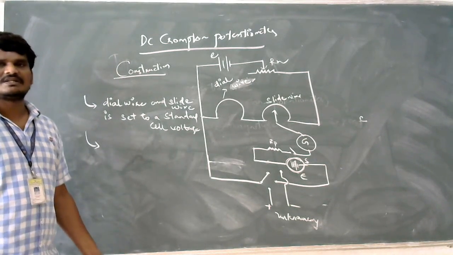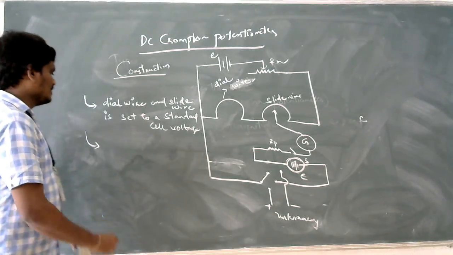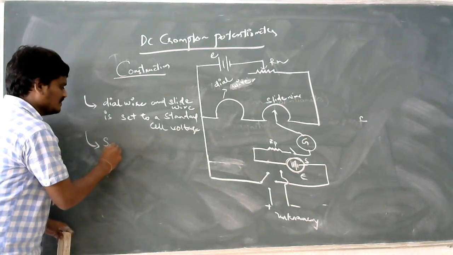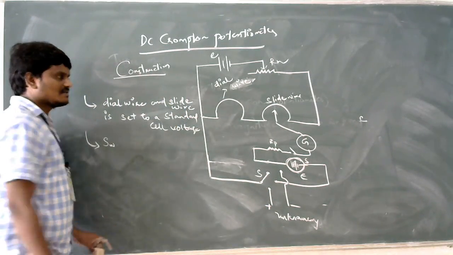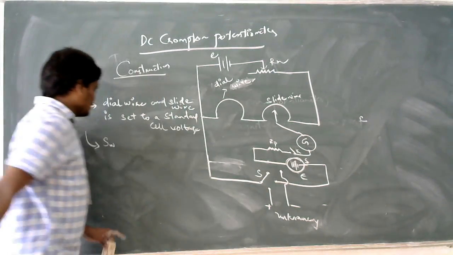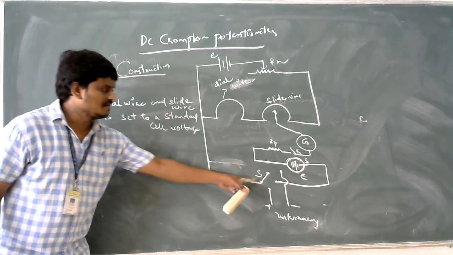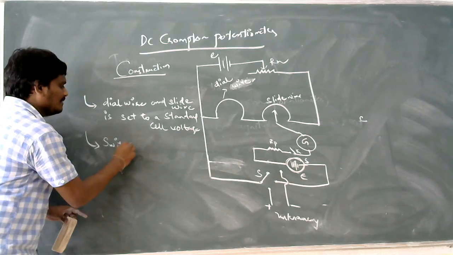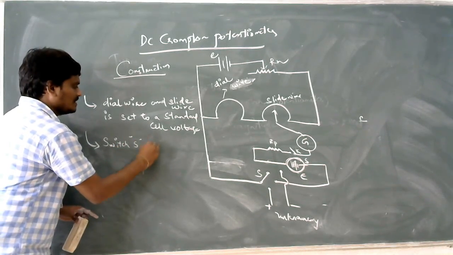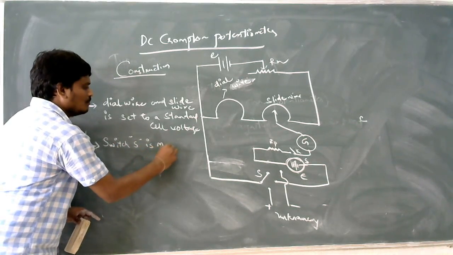In order to measure the magnitude of unknown EMF, the next point is that the switch S, here this is considered as switch S, which is connected in the DC CROMPTON potentiometer, should be moved to the calibration position.